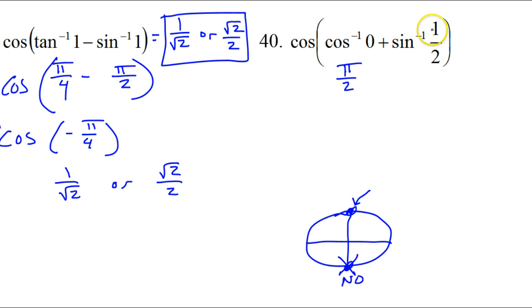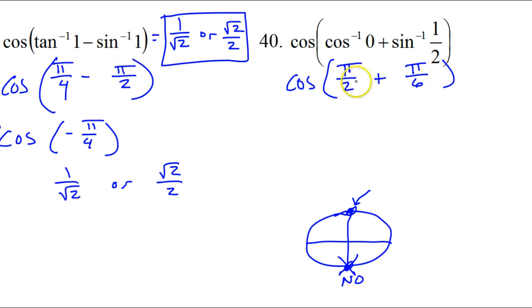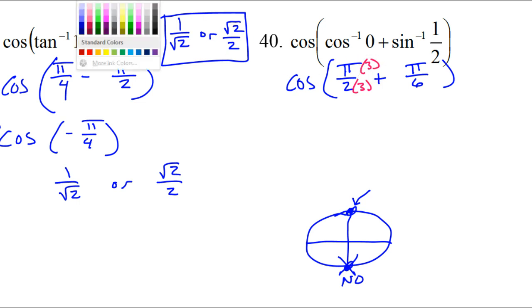Inverse sine of 1/2. That's the angle whose sine is 1/2. We have learned that the sine of pi over 6 is 1/2. So this must be pi over 6. And we're supposed to be adding these. So now the problem becomes, what's the cosine of pi over 2 plus pi over 6? Of course, we need like denominators, so I would multiply these by 3.